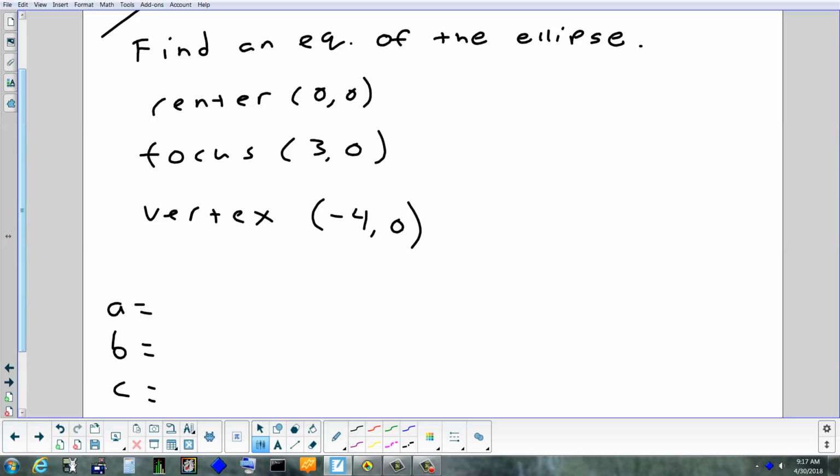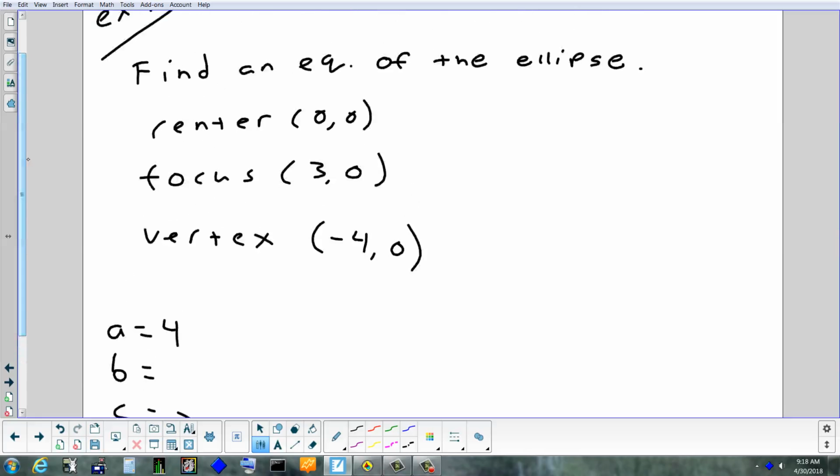Abby? What's A in this case? 4. The distance from the center to the vertex. What other letter do we have enough information to find directly without really doing any calculations? C. Distance from center to focus, which is how much? 3.